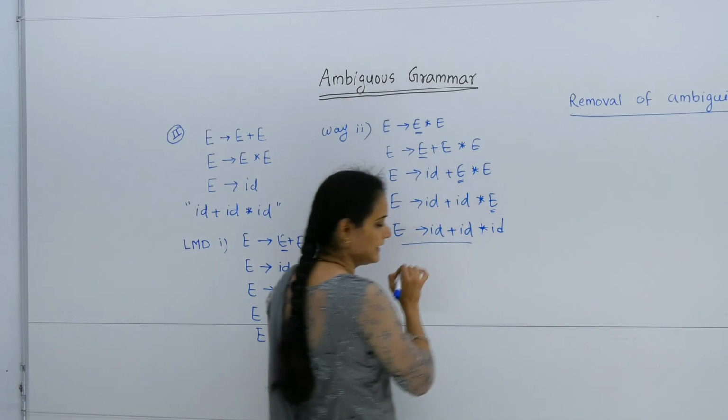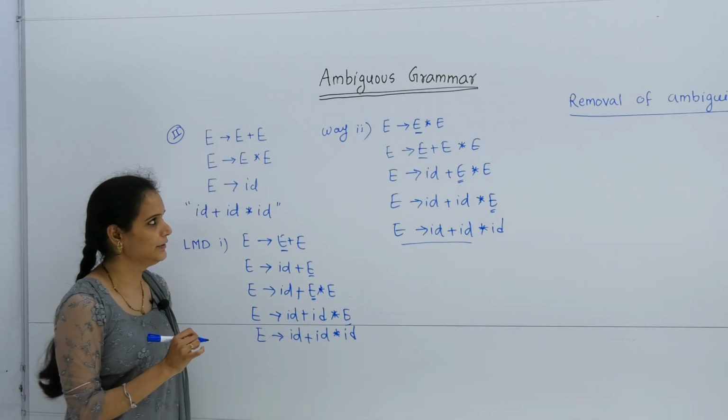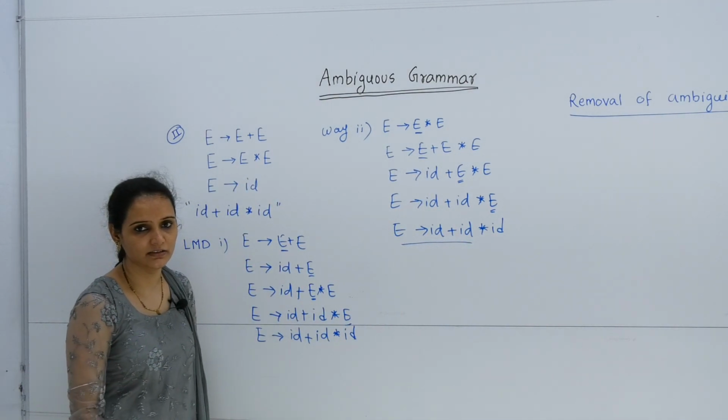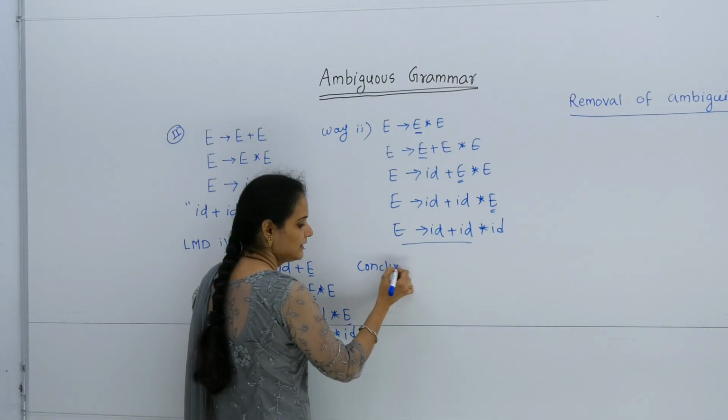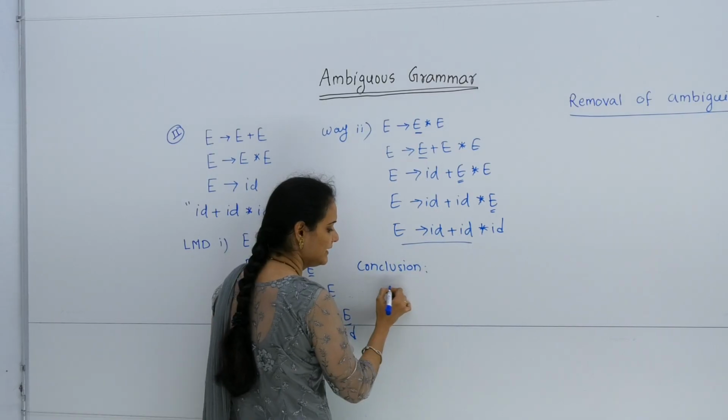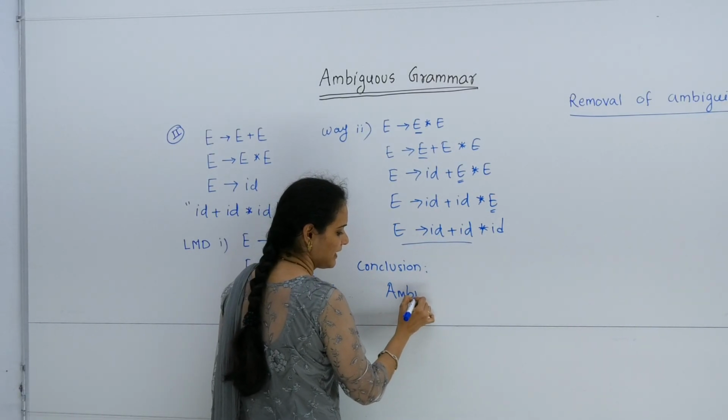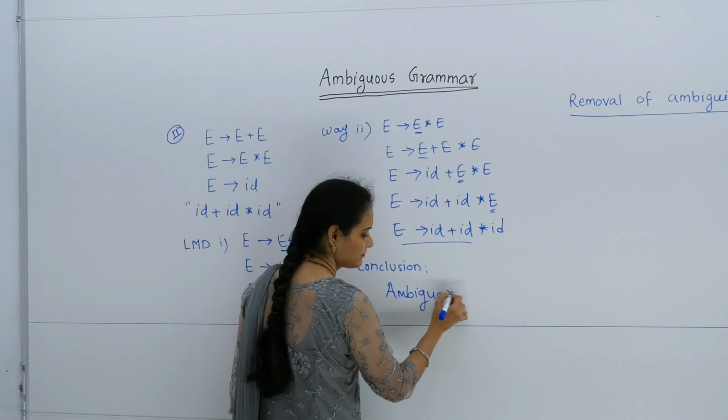So here is another way using the leftmost derivation, so we can give the conclusion that the given grammar is ambiguous grammar.